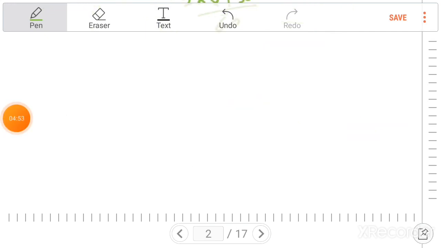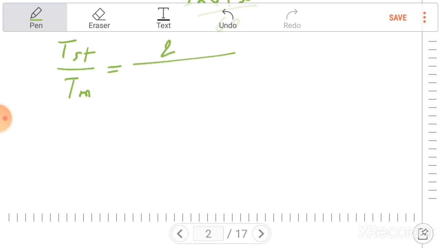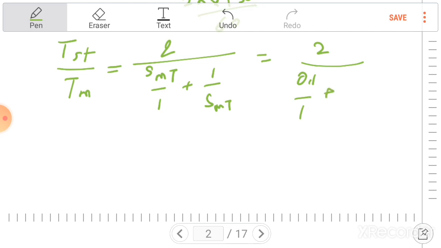Now by the formula, torque at starting divided by torque at maximum condition is equal to 2 divided by slip at maximum torque divided by 1 plus 1 divided by slip at maximum torque condition, and this is equal to 2 divided by (slip at maximum torque is 0.1) divided by 1 plus 1 by 0.1.